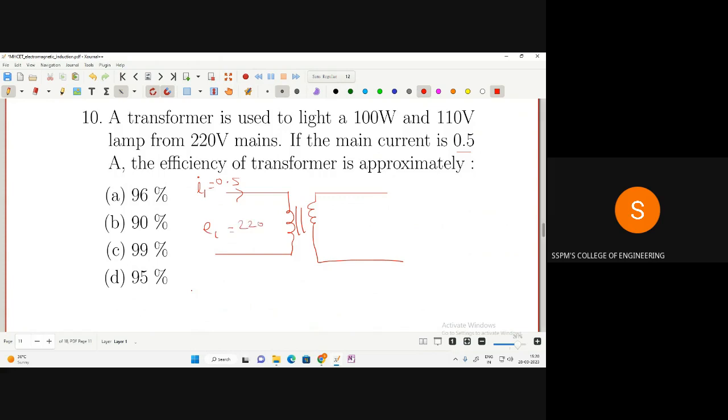The primary is connected to main supply with 220 volt and current 0.5. And here the bulb is connected. This is a bulb, or lamp, you can say. The rating of the bulb: P2 is given as 100 watt and its operating voltage is 110, so E2 is given.